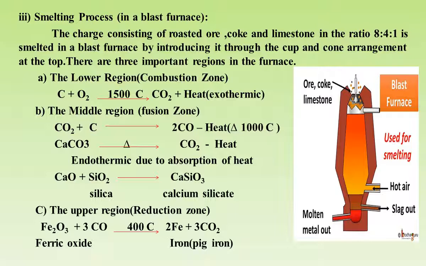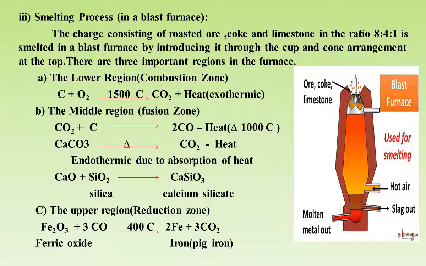If you add silica, that is a process we have seen in metallurgy, that is flux. Flux is the addition of a compound to remove the impurities from its ore. So silica is the flux added to calcium oxide, and we get calcium silicate.